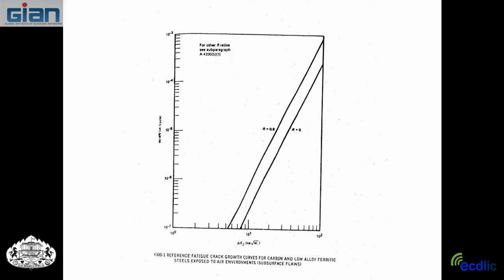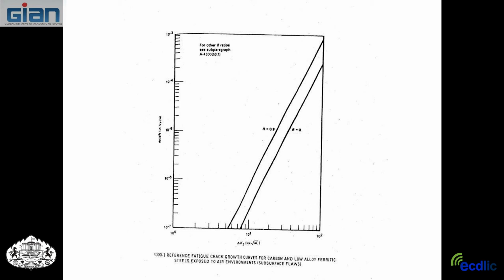So this is an environment. To give you an idea of the difference, delta K here of 10, come up here, da/dN is about 10 to the minus 6, 10 to the minus 5. I had a copy of that from somewhere and it wasn't very good.